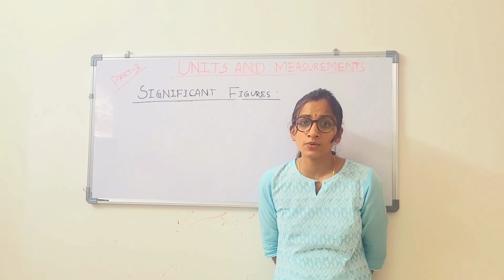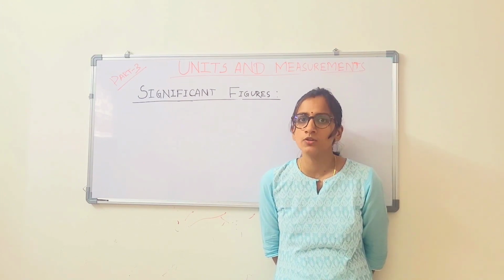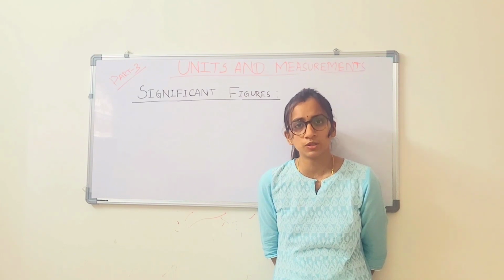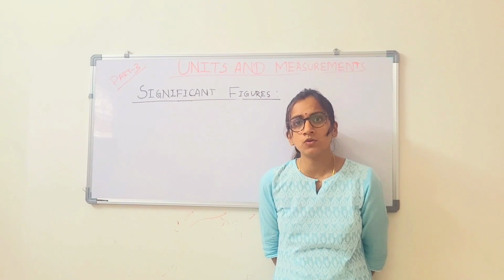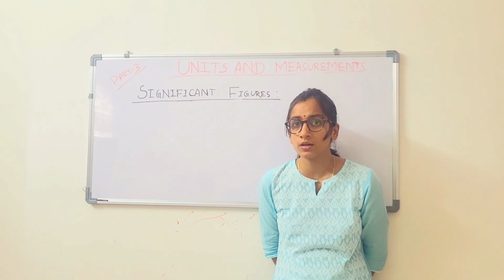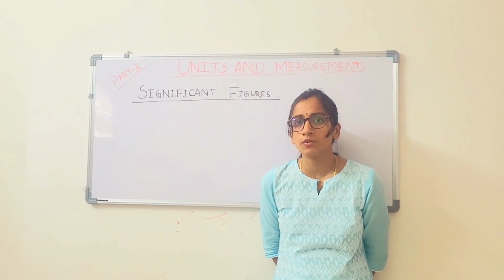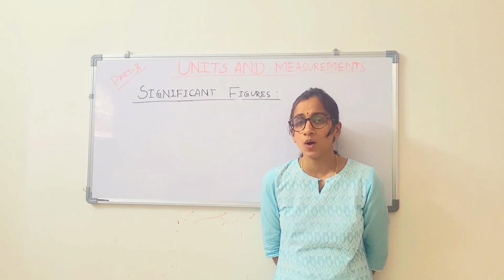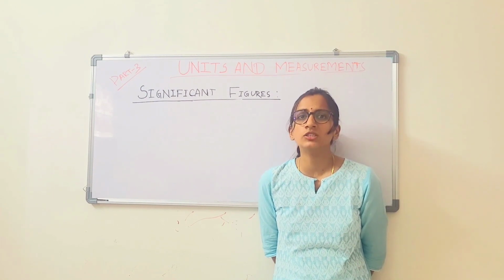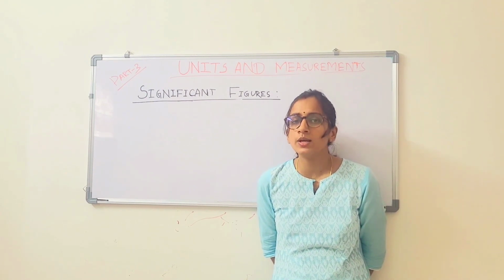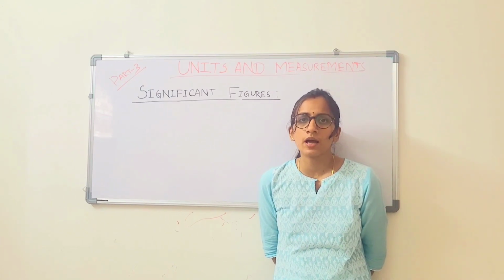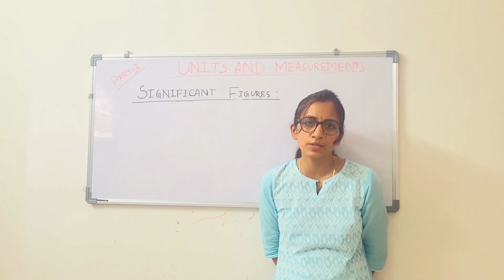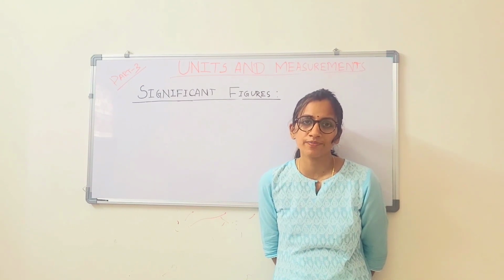We are using different apparatus for doing different experiments, and those observation values are always not equal. We are getting different observation values at different times of observation. Why so? Because the exact value of an experiment cannot be obtained every time, because our measurements contain errors.